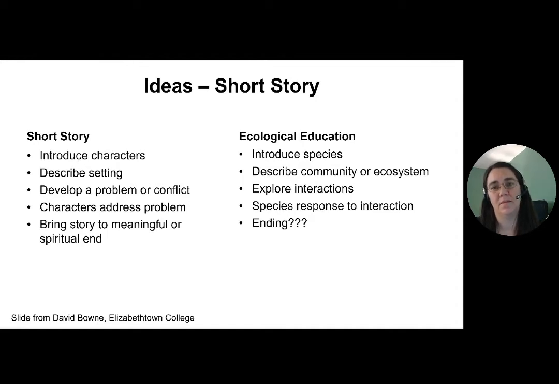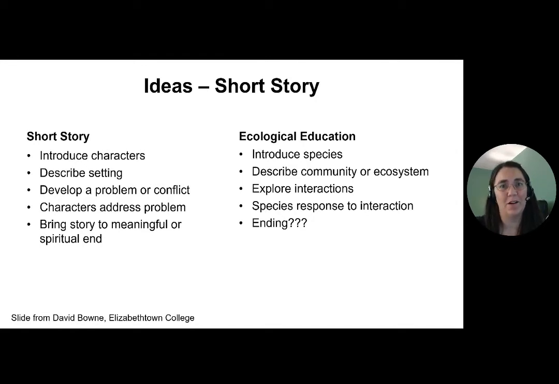problems that the species have to respond to, and then somehow come to some kind of point where you end the story, but realizing that just like in real life, there is no actual end, that things just stop, like life goes on, or even if an individual life doesn't go on, the life in general goes on, right?